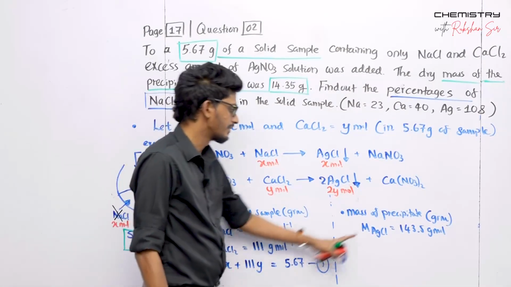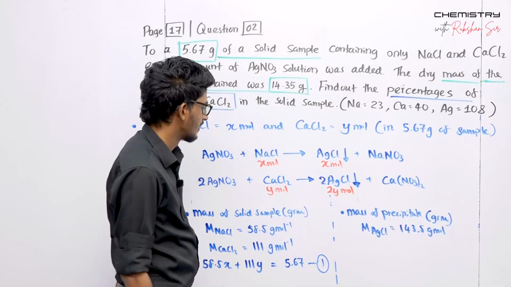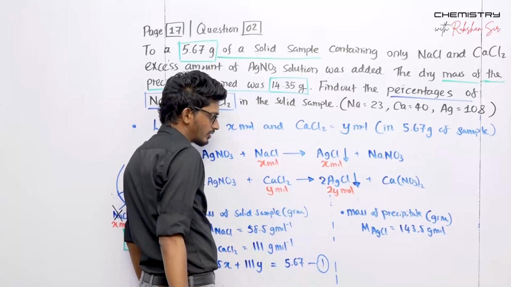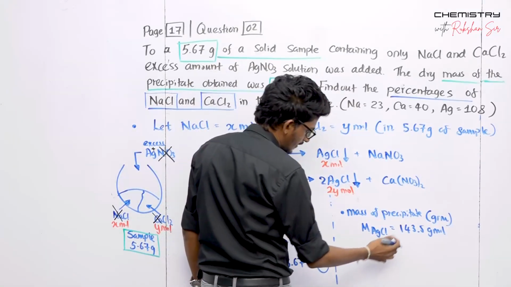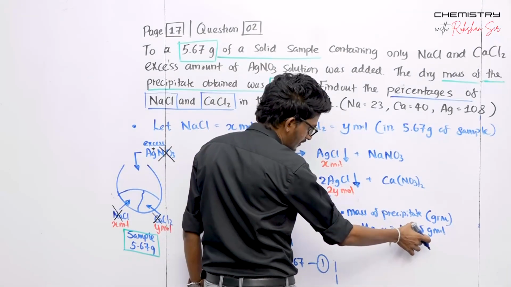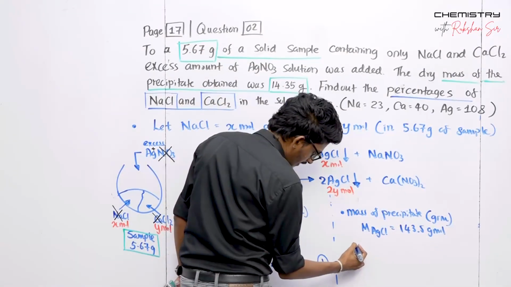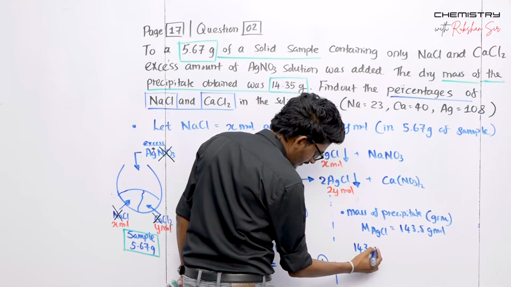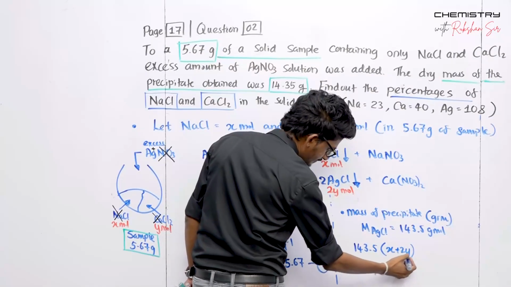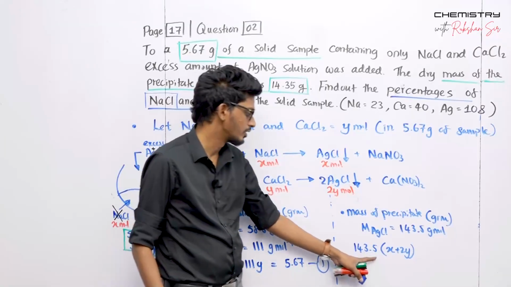So you can calculate the mass by just multiplying the number of moles with the g mol^-1 value. The number of moles is X plus 2Y. The g mol^-1 value is 143.5. So you can write it as 143.5 into X plus 2Y, g mol^-1 value into moles.